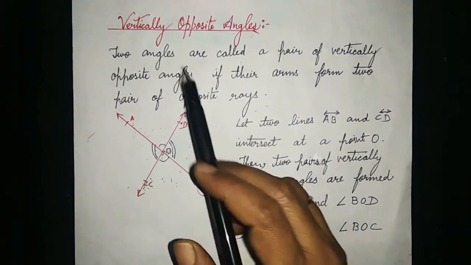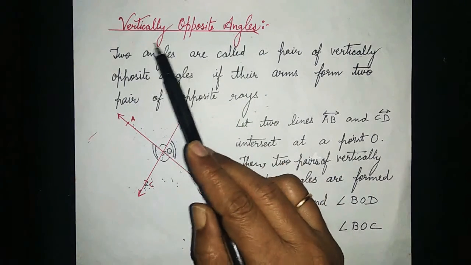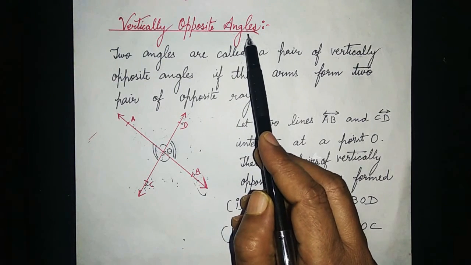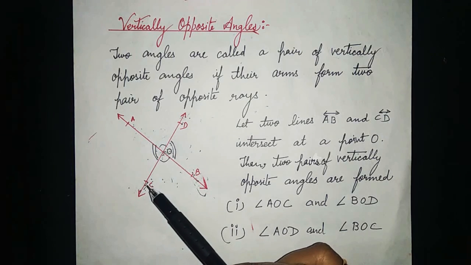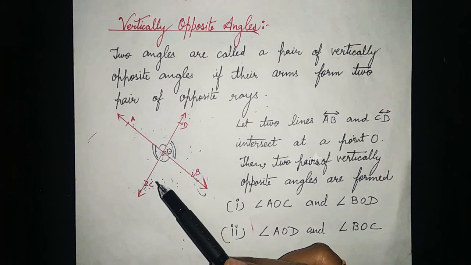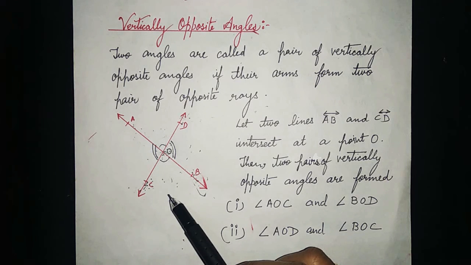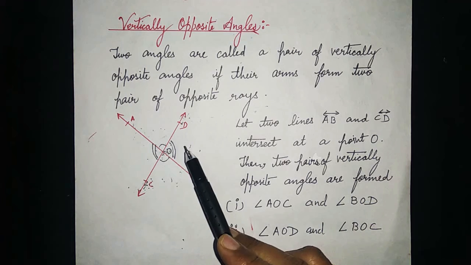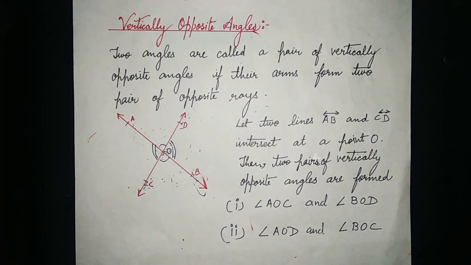Now students, see vertically opposite angles. Last year also you have studied about vertically opposite angles. Students, when two lines intersect each other, then we get two pairs of opposite angles. They are called vertically opposite angles, and they are equal in measure.